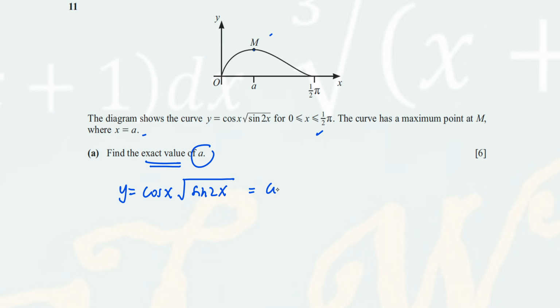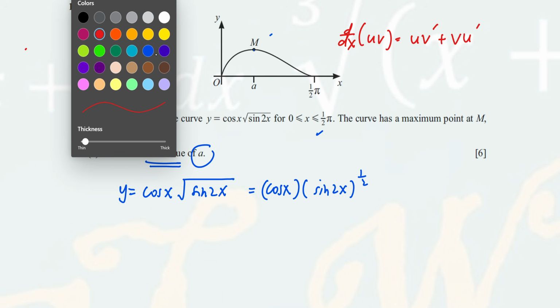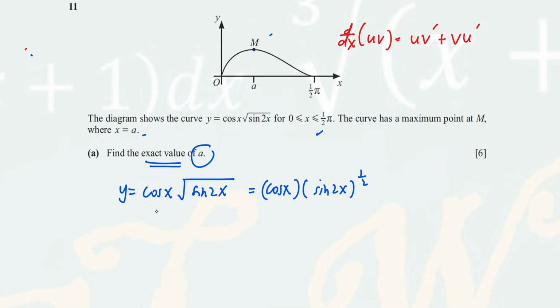Okay, first of all, I will express this as power half of sine 2x. Now since you are given multiplication of two terms, I'm going to use the product rule. So differentiate uv is u v prime plus v u prime. And now my u is cos x.